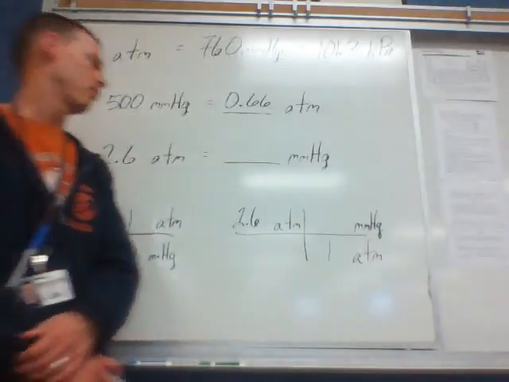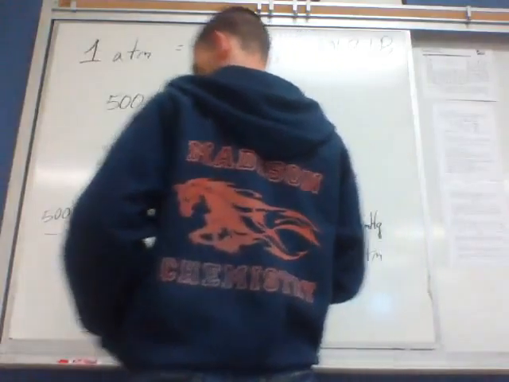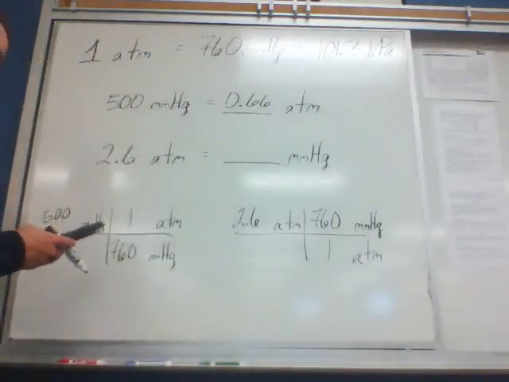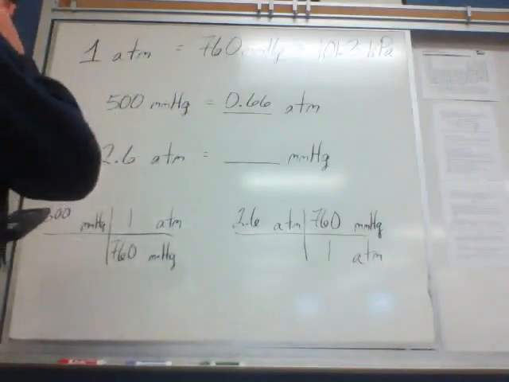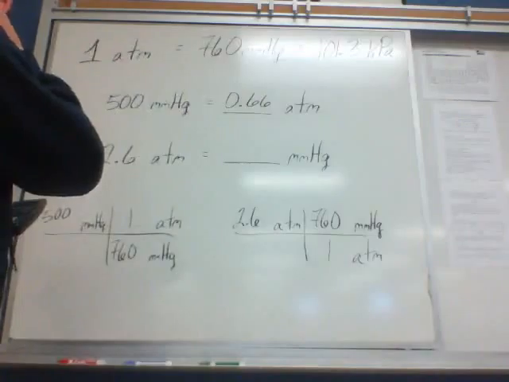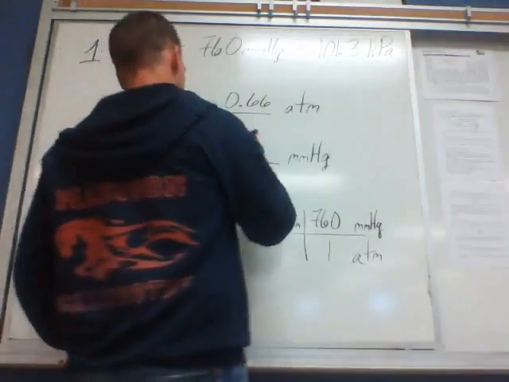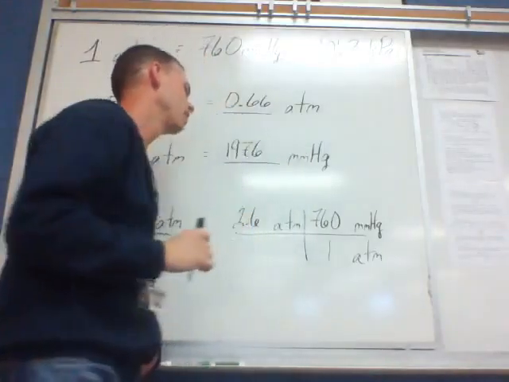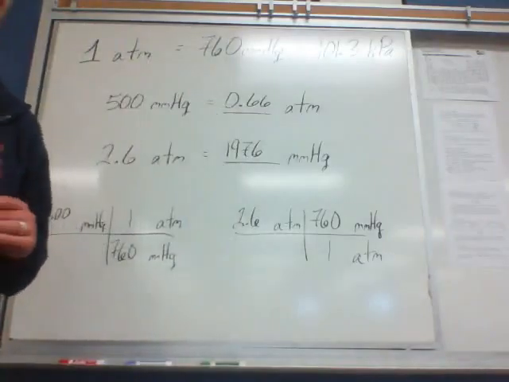My conversion factor for mmHg is 760. Multiply across the top, 2.6 times 760 divided by 1. I get 1976 mmHg. Anybody get any different answers?